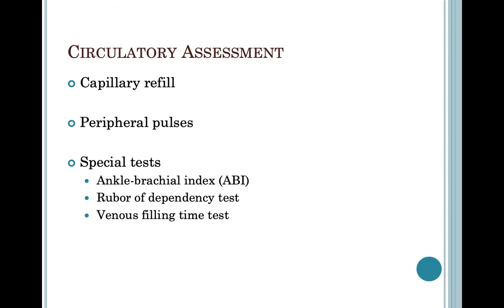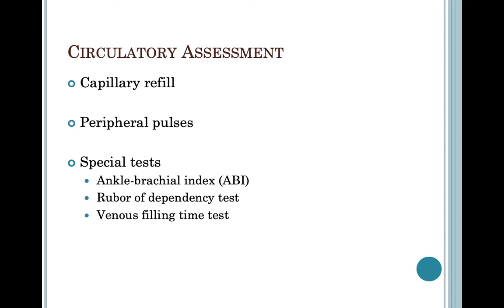We can do certain tests for circulatory assessment, like capillary refill, looking at peripheral pulses, and then there are certain special tests. There's something called the ankle brachial index, or ABI. That's where the systolic blood pressure at the ankle, either in the posterior tibial or dorsalis pedis artery, is compared to the systolic blood pressure in the brachial artery.